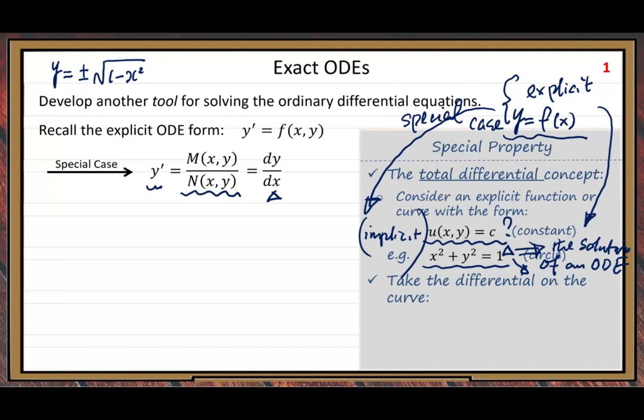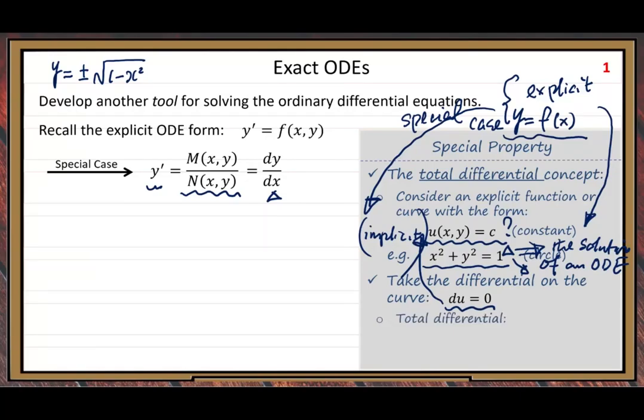When we apply the d operation to both sides of the u equation, we get du equals 0, because when we apply the differential to the constant c, we get 0. The derivative of c is 0, so its differential is also 0. So now you can see du equals 0.